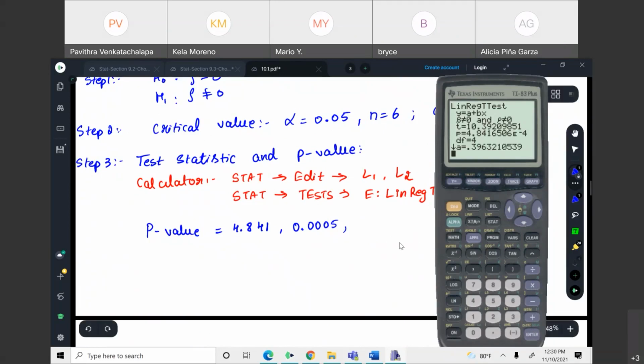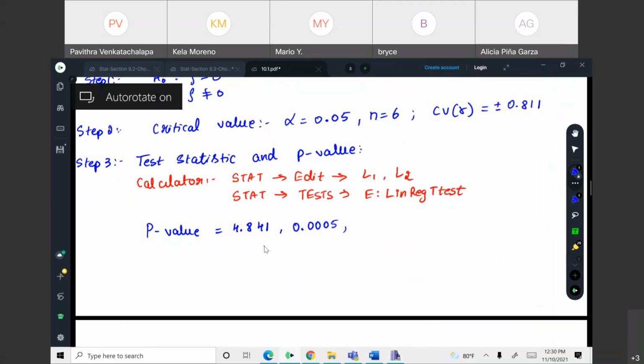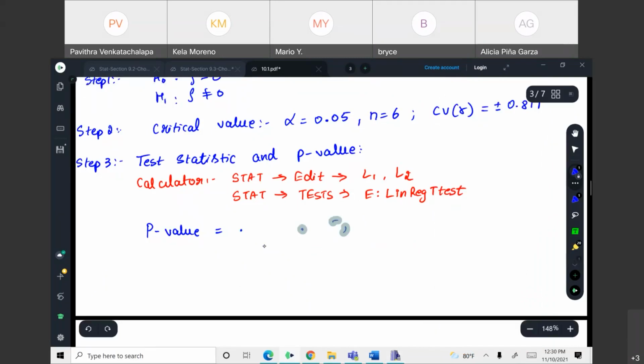You get P as 4.84 to the power of -4. So your answer was right, but you were supposed to just write 10 power -4 also here. So rounding it off, we get P as 0.0005. I mean 48, just round off, we get 5.